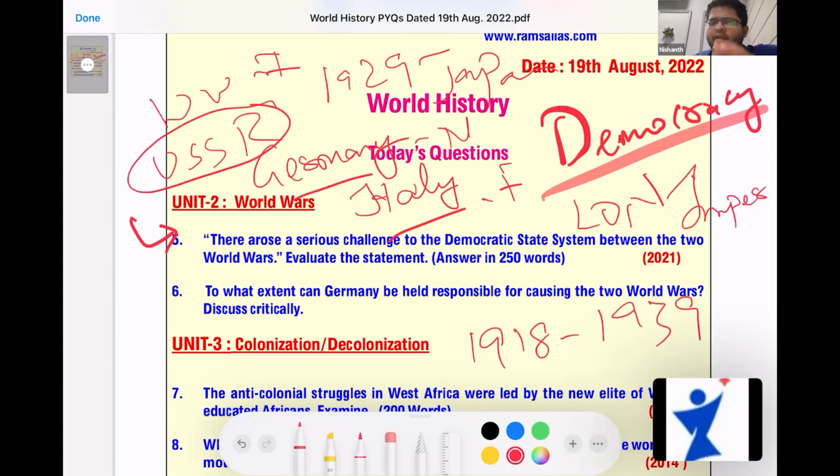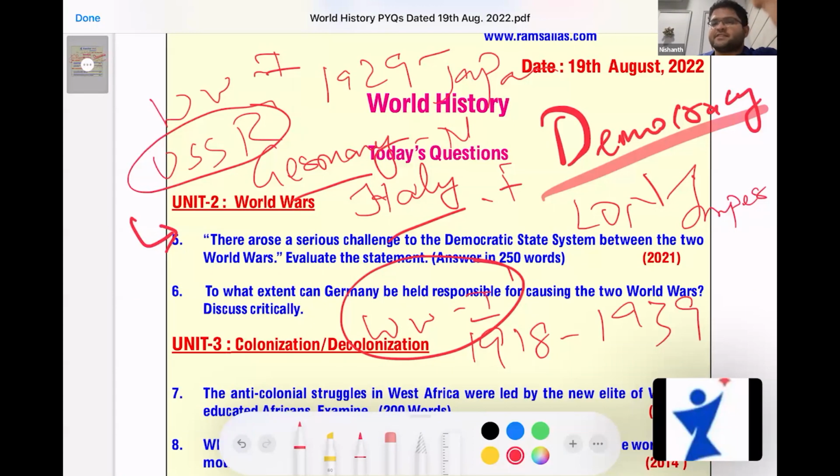However, the next dimension of the answer is that there was a threat to democracy even before World War One. You can write about excessive nationalism. During the World Wars there was the Spanish Civil War also. Before World War One, what are the threats to democracy?